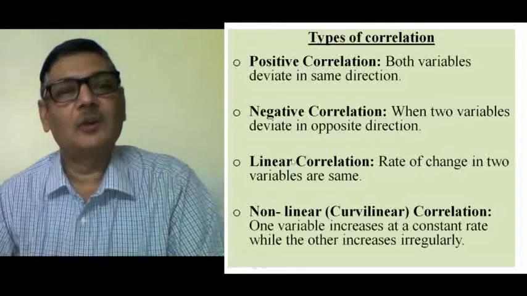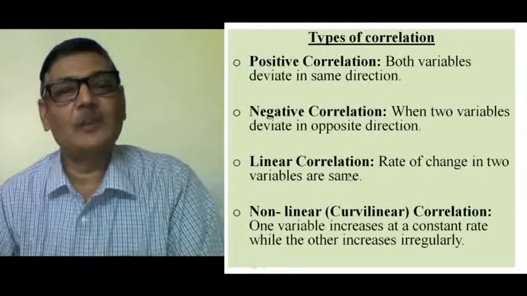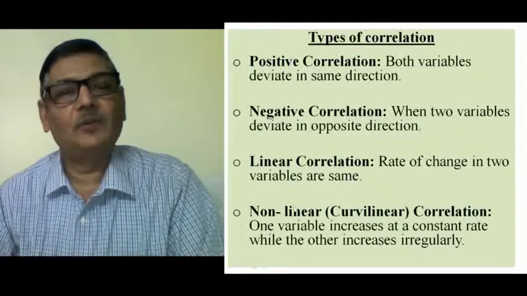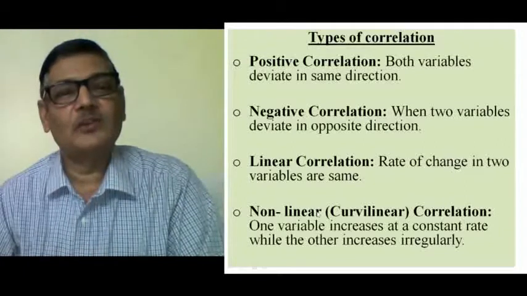The third one is linear correlation, where the rate of change in two variables is the same. And the fourth type could be non-linear or curvilinear correlation, when one variable increases at a constant rate while the other increases irregularly.